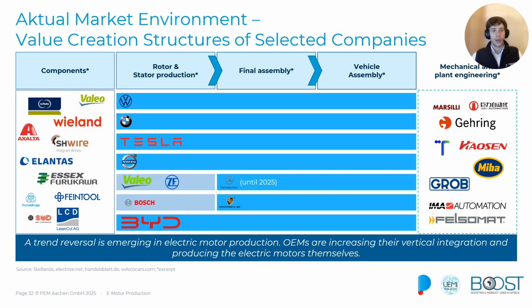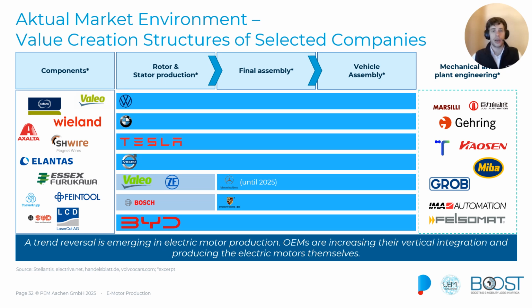If we take a look at the value creation structure on this slide, mainly for companies out of Europe, the USA or Asia, we see that OEMs like Volkswagen, Tesla, Porsche, or BYD increase their vertical integration by starting to produce the electric motors and their single components by themselves, and not doing only the final assembly of the electric motor or only the final vehicle assembly where the motor just comes just in time from the supplier like in the past.